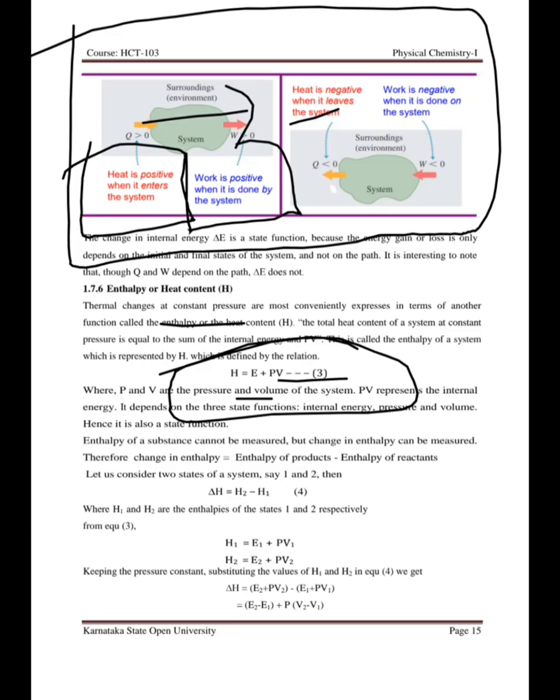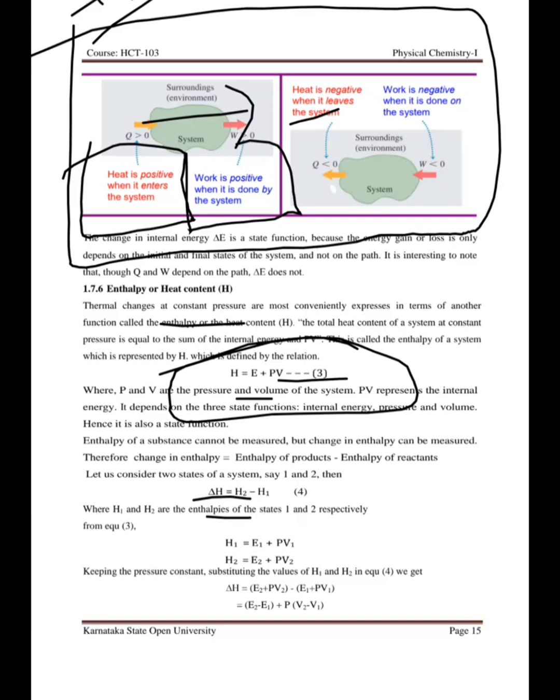Next, delta H is equal to H2 minus H1, the system in which the reaction is taking place. For example, from H1 to H2, you are going to subtract to get delta H. Delta H is nothing but the change in enthalpy of the system.